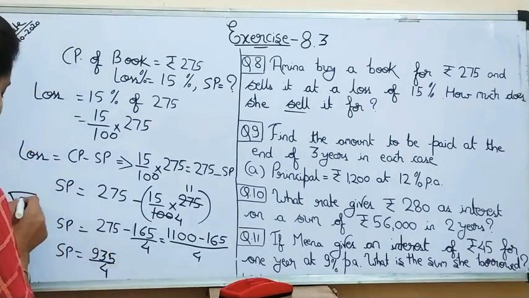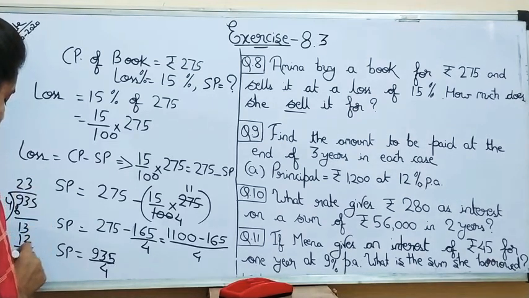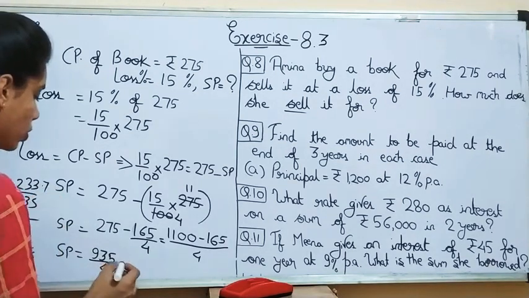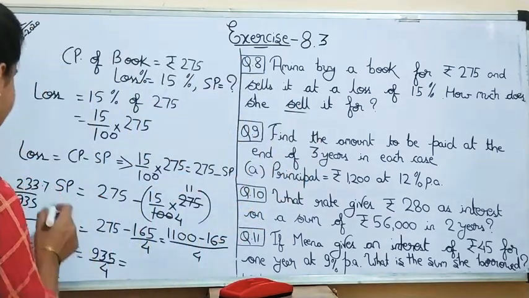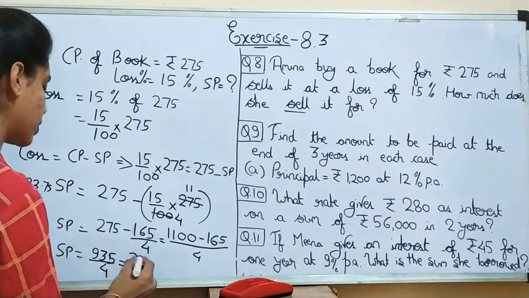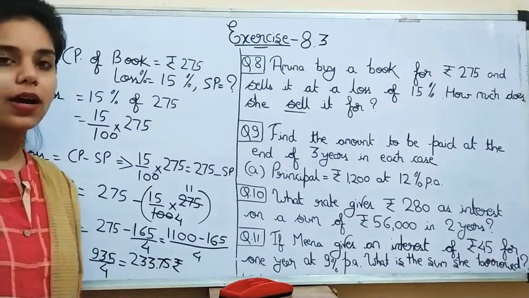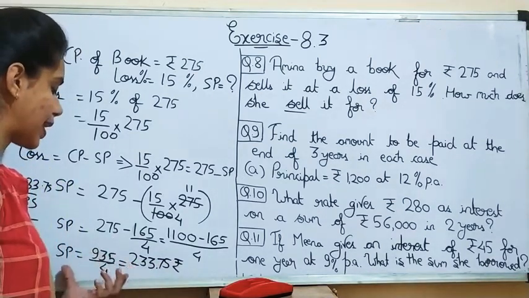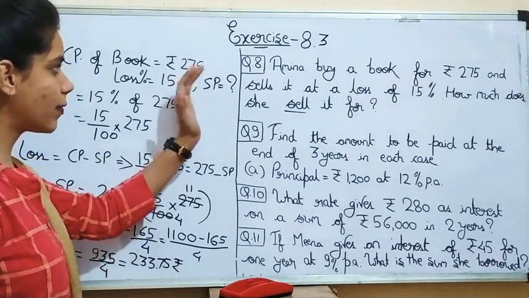Now divide 935 by 4: 4 2s are 8, 1 left, 4 3s are 12, 3 left, 4 7s are 28. The answer will be 233.75. So the selling price will be 233.75 rupees.